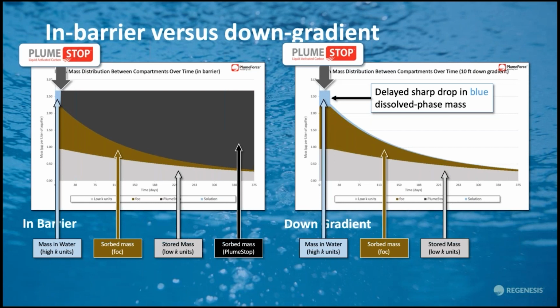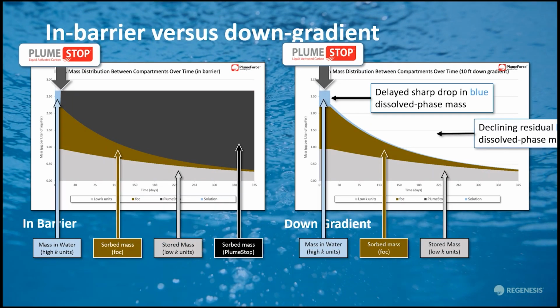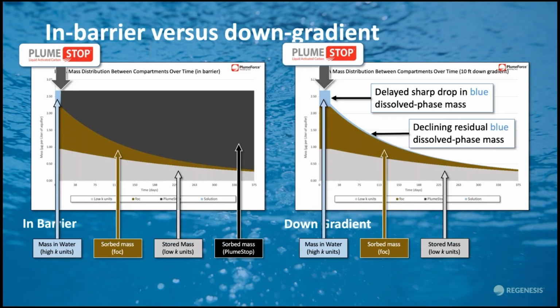Because the groundwater contaminant concentration has dropped, the initial equilibrium has again shifted, just as we saw in the barrier. But this time, with no PlumeStop carbon to capture it, the re-equilibrating mass enters the groundwater and our monitoring well reports a concentration. And we can see this as the thin blue line along the top of the block diagram.